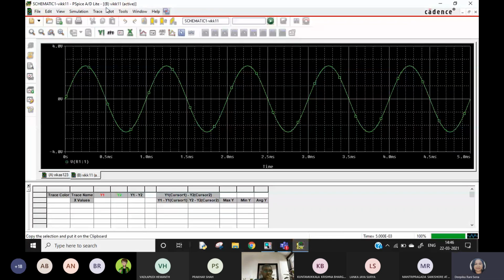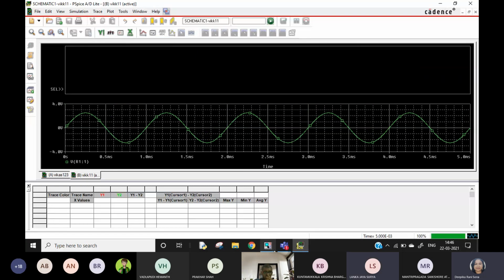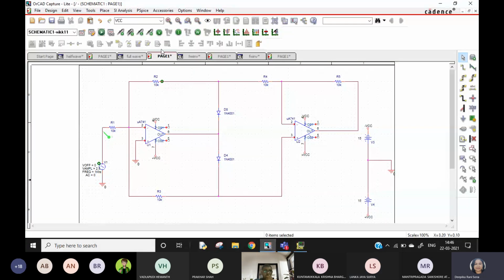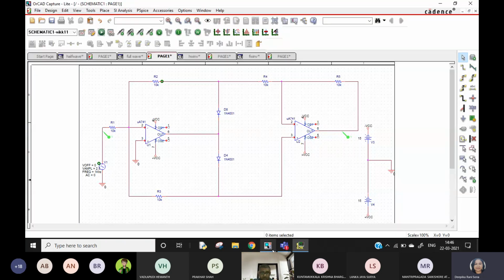Joysurya, you have forwarded me only for half wave, not full wave. Just now I sent, ma'am. Okay, fine. Yeah, because it is verified for you. Stop share. Go back to your circuit. Just zoom it.